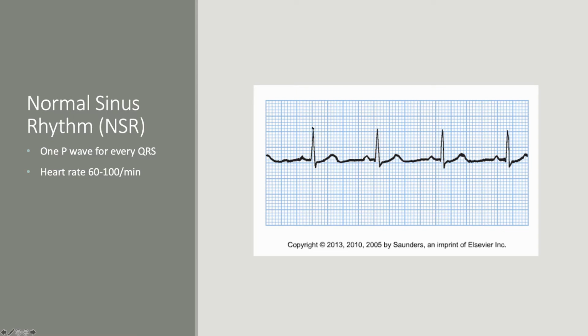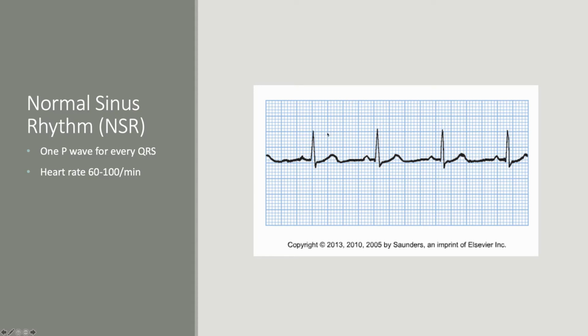So I'm starting on a thick blue line in this case, and I'm going to count the next blue line and the next blue line, the next blue line, until I get to the next QRS complex. And I'm going to repeat these numbers as I do it. So I'm starting here, go to the next big blue line, and say 300.